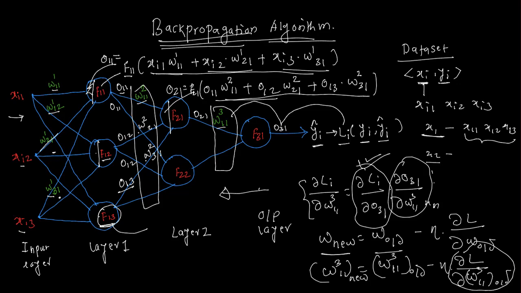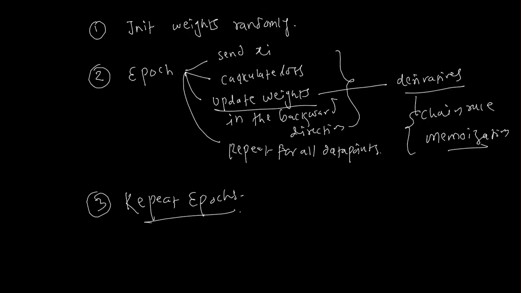The other thing which I want to discuss is, let's say we said that we will pass one data point xi at a time as input. This algorithm where we are passing one data point at a time as input is called SGD, stochastic gradient descent. Now when I pass a few, like let's say I pass x1, x2, x3 or x4, that means I'm passing a bunch of data points as input.